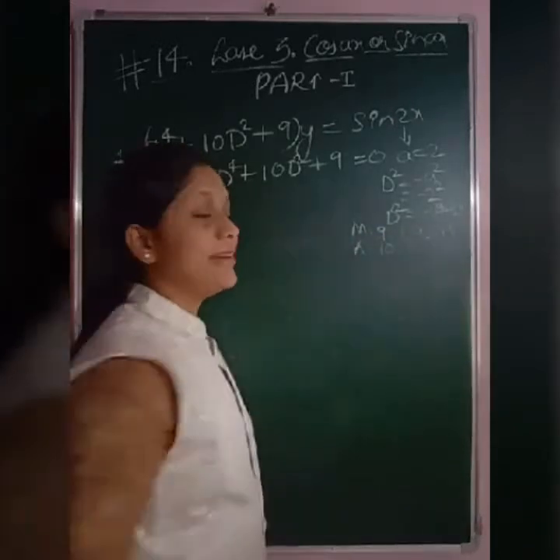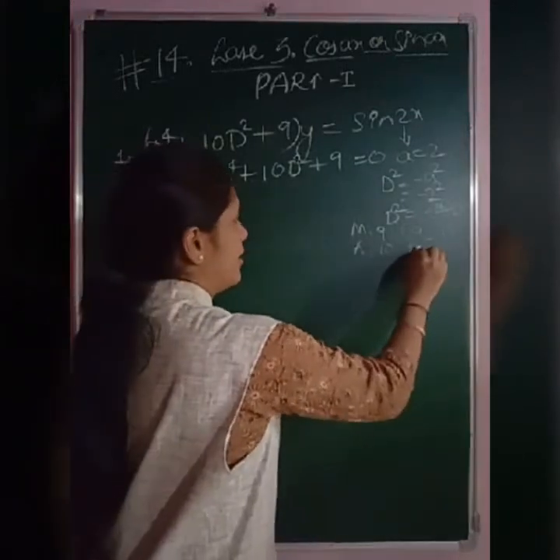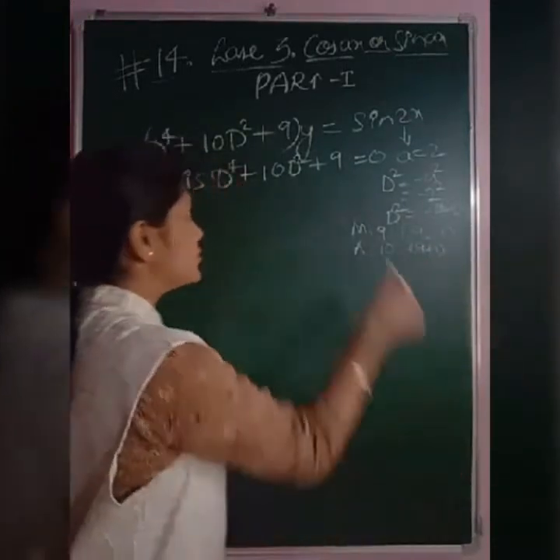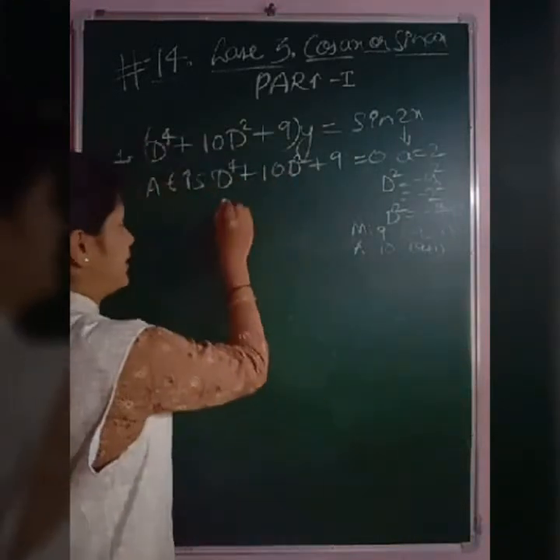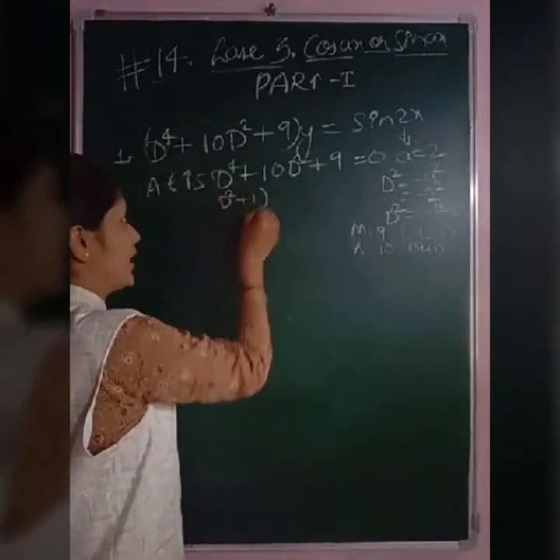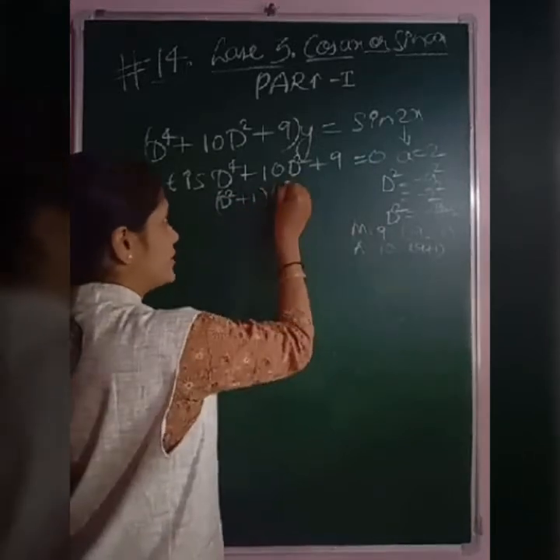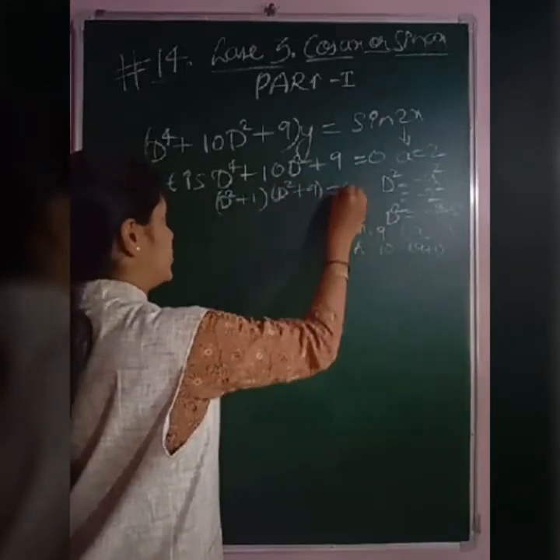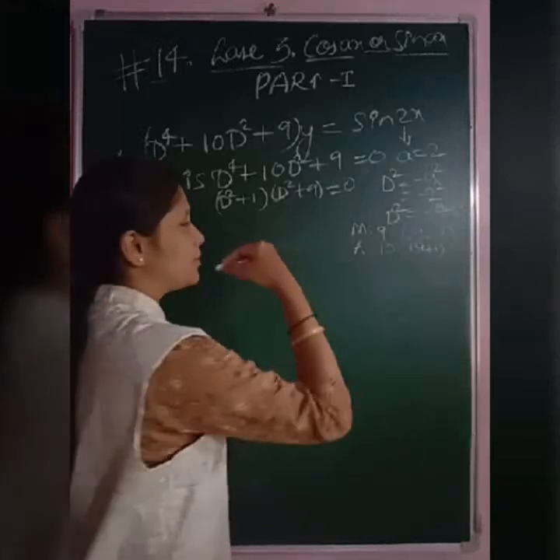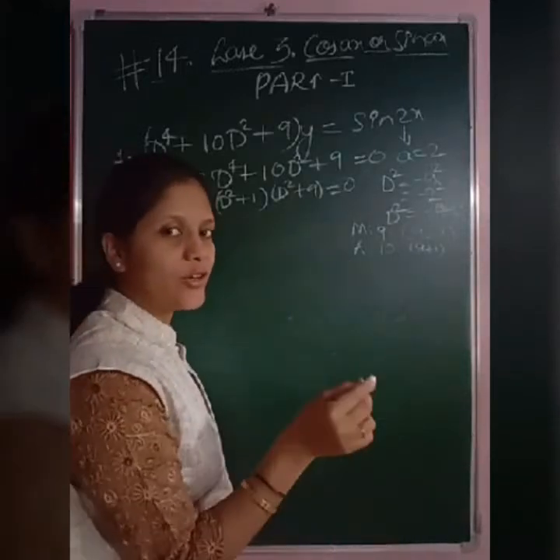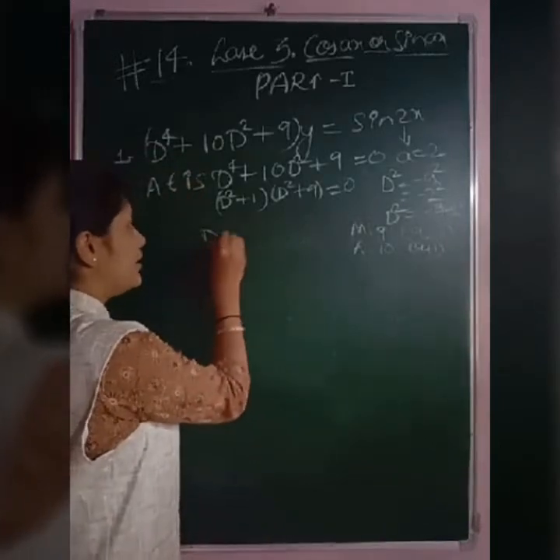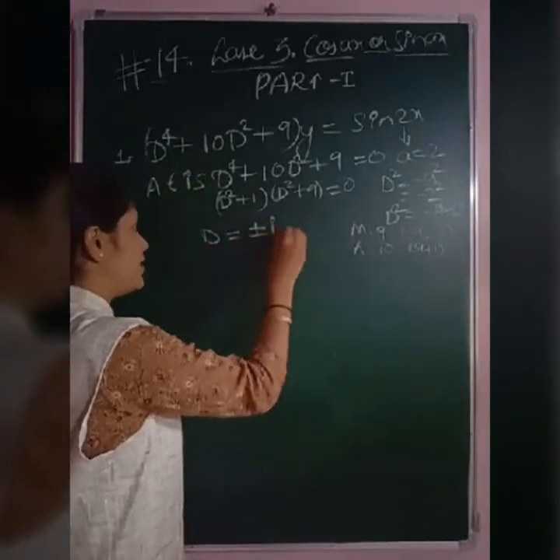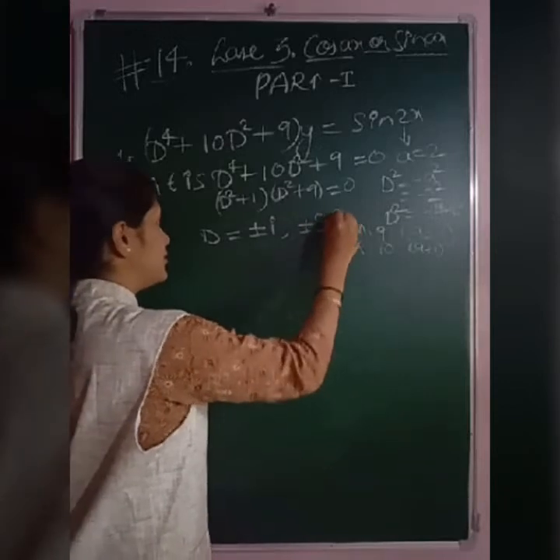9 and 1. 9 ones are 9, 9 plus 1 is 10, and the coefficient of D raised to 4 is 1. So this can be written as D square plus 1 into D square plus 9 equal to 0. Already we know D square plus 1 equal to 0 gives D equal to plus or minus i, and D square plus 9 gives plus or minus 3i.